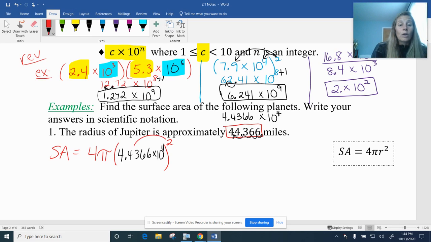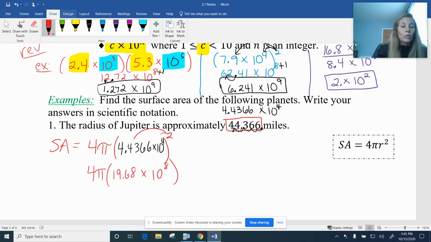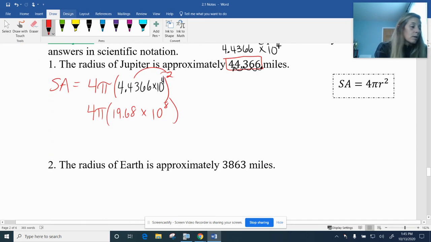So then I'm just doing 4.4366 to the 2nd power, right? Which is 19.68 times 10 to the 8th, because 2 times 4. And now I can multiply this out. So let's see.